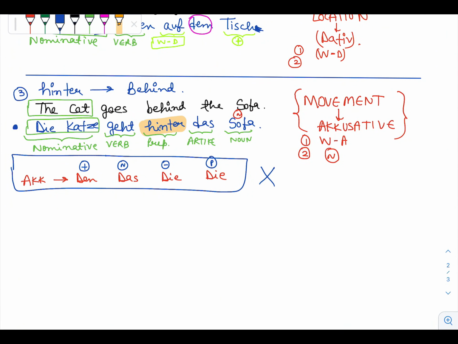So accusative of neutral, that is das, that's why here it is das.